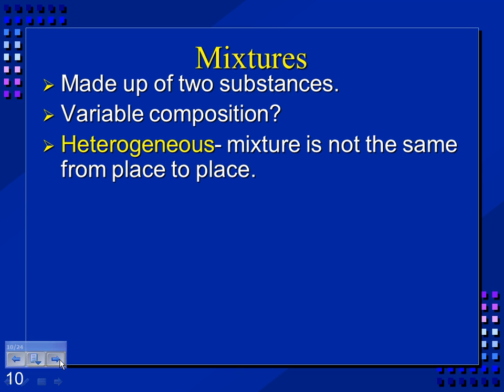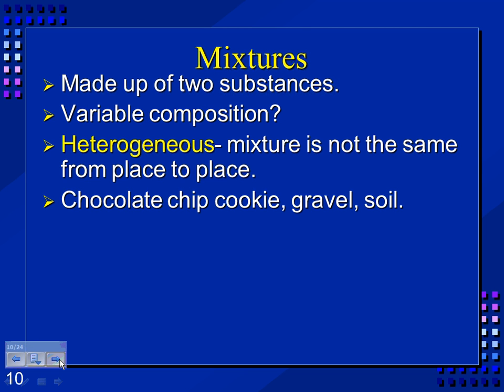Things that you can think of that are heterogeneous mixtures are like chocolate chip cookies, gravel, soil, a salad. If you've ever seen Italian dressing that you can see the spices in it and you shake it up and then you use it, that is a heterogeneous mixture because I can see a difference in the makeup.